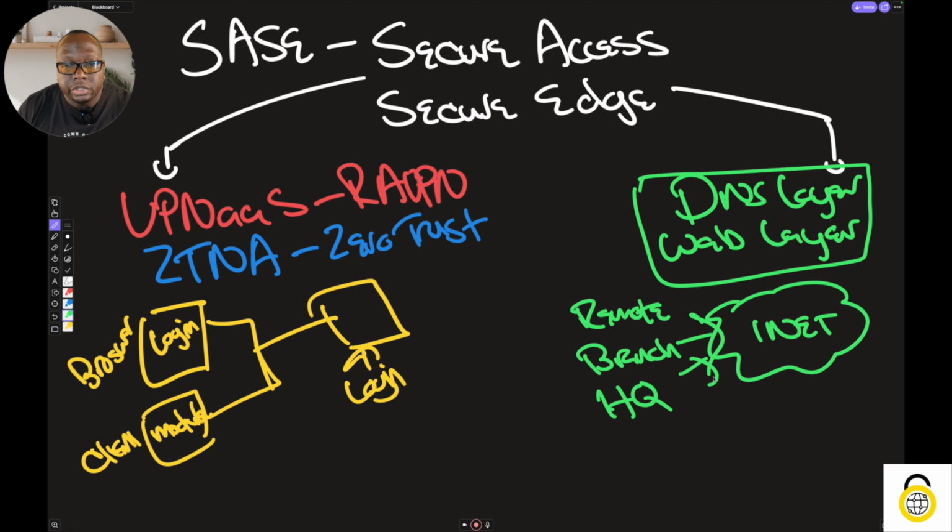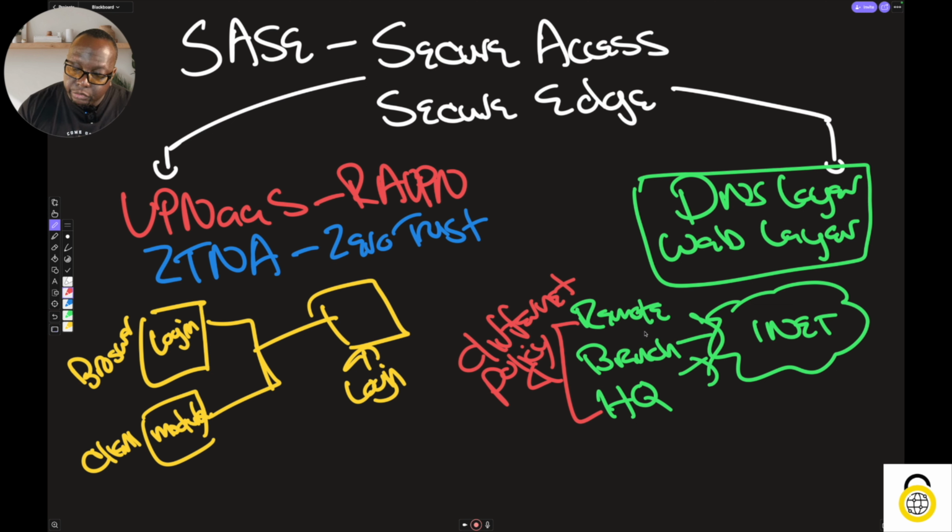The problem in the traditional sense, when you're talking about traditional WAN technology, is that all three of these components suffer from different policies. This causes a huge problem, because if your policies aren't unified, there may be a security breach or a hole somewhere that allows the bad guys, I'll say BGs, to compromise one of these three sources.